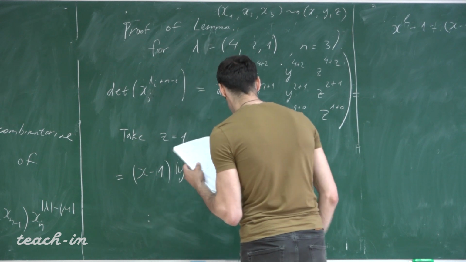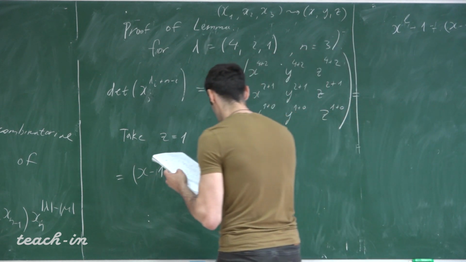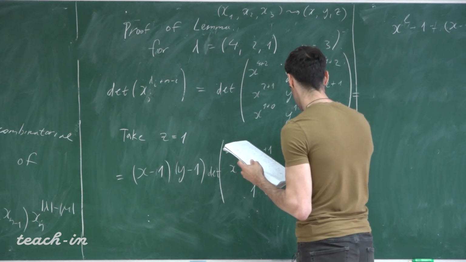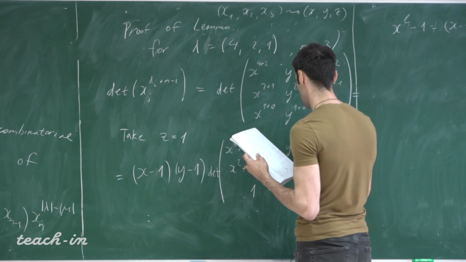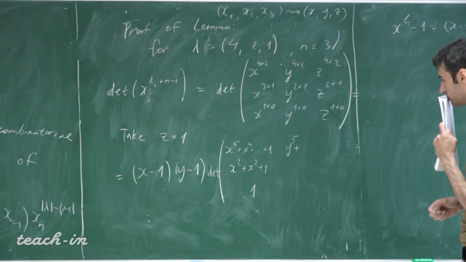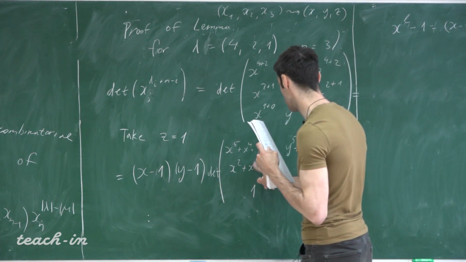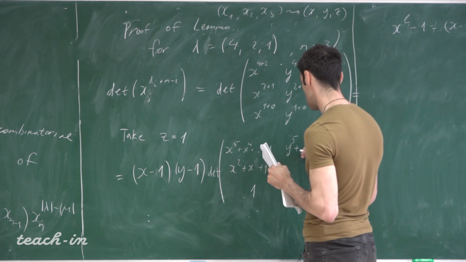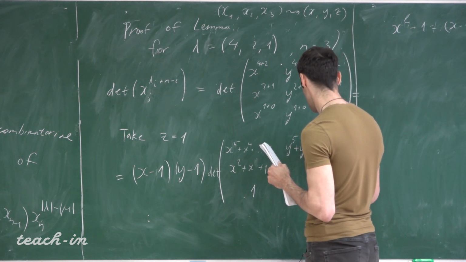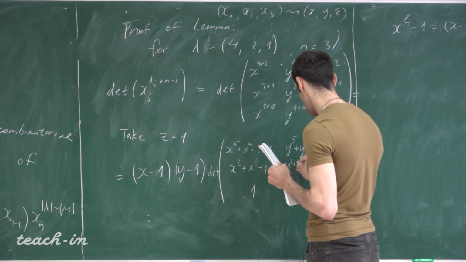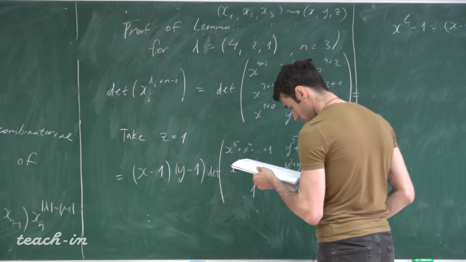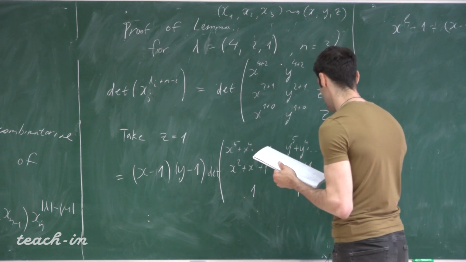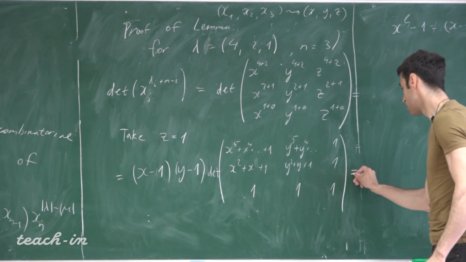In here, 1. So the determinant of this, of course: y to the power 5, and so on, the same with y, y squared plus y plus 1, and then 1, 1, 1.